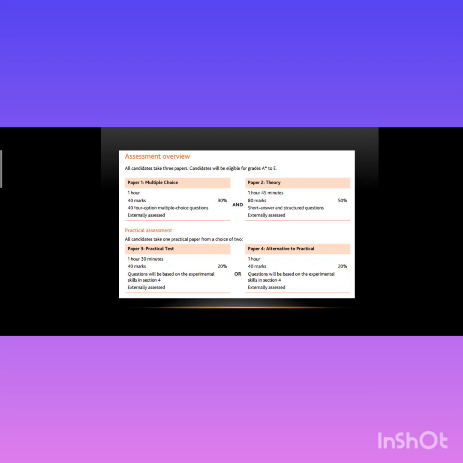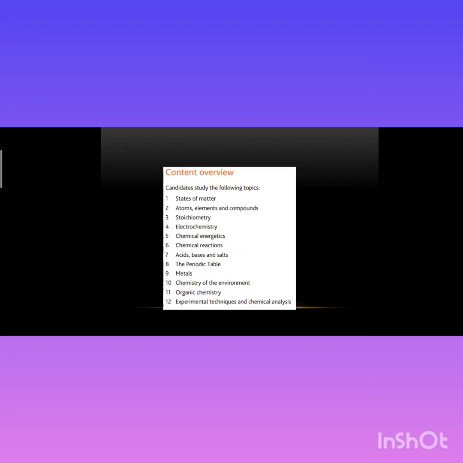This has the same examination criteria, only you will not perform the practical, but you have to answer quiz and short question answers related to experimental skills and experimentation. The paper 4 will comprise 40 marks and again there will be no choice.